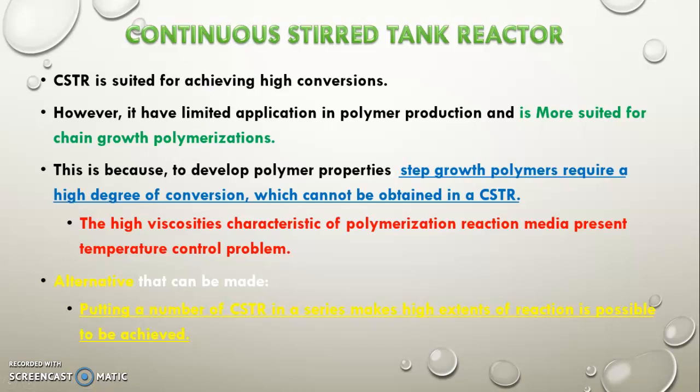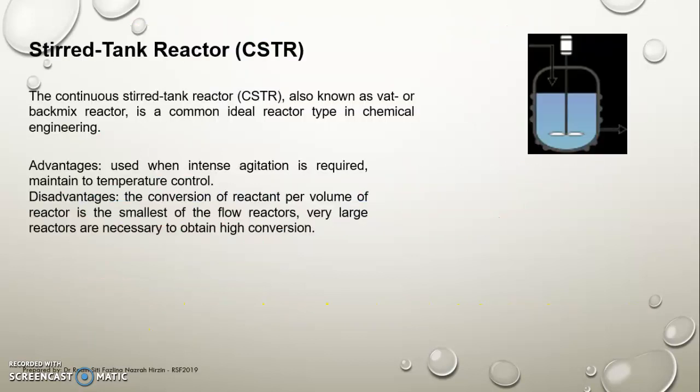CSTR is suited for achieving high conversion. However, it has limited application in polymer production and is more suited for chain growth polymerization. Okay, macam yang tadi dia kata conversion dia smallest. Smallest ni kalau diguna satu reactor saja, kita boleh produce dia punya conversion tinggi bila kita gabungkan dia punya reactor.